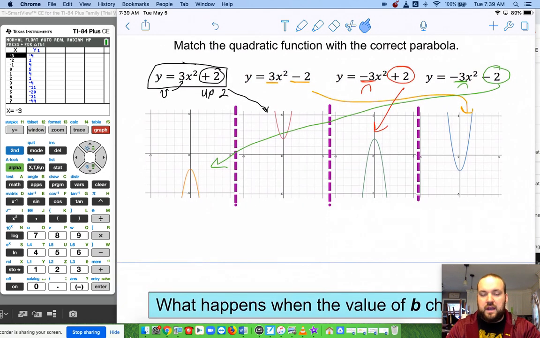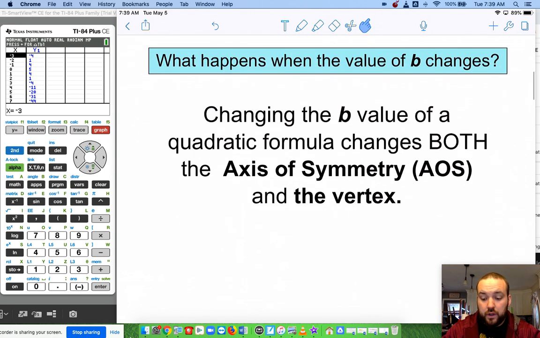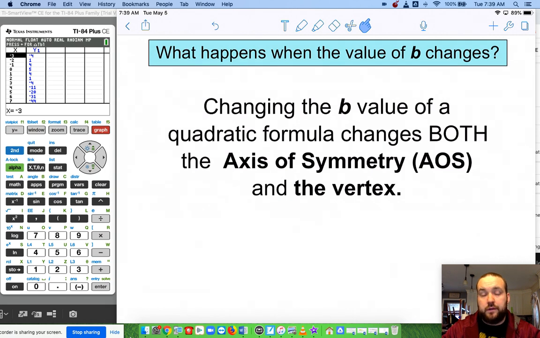So that was kind of what we talked about in 9.1.1 and 9.1.2, those two different videos talking about how a parabola changes. What's crazy in the last couple of videos is that no matter what you did with a and c, the line of symmetry never changed.